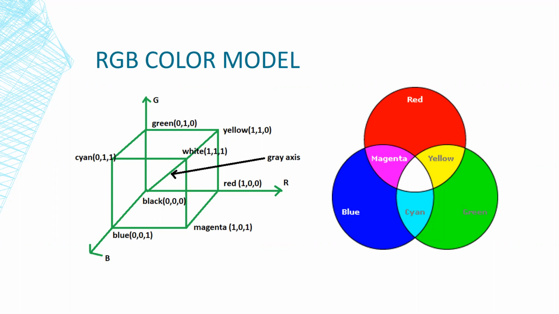Vertices of the cube on the axes represent the color primaries, and the remaining vertices are the complementary color points for each of the primary colors. Cyan, magenta, and yellow are the complementary colors. So this is the RGB color model.